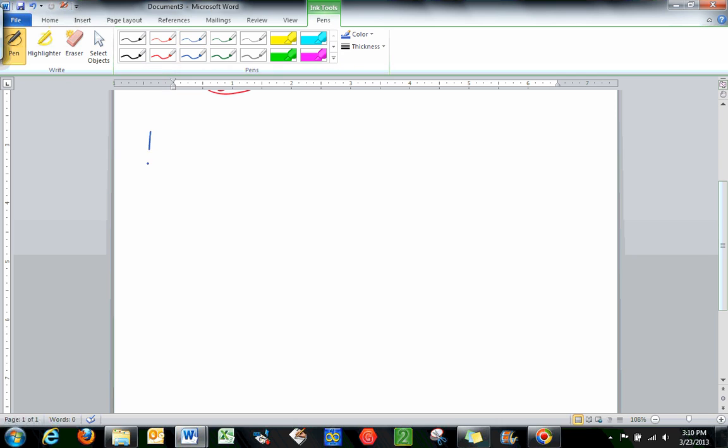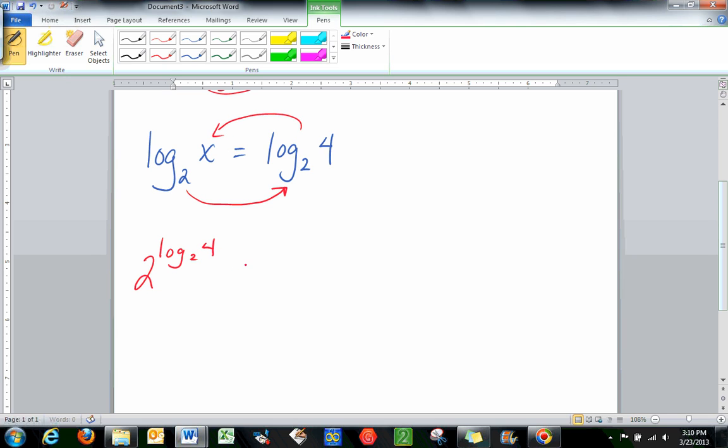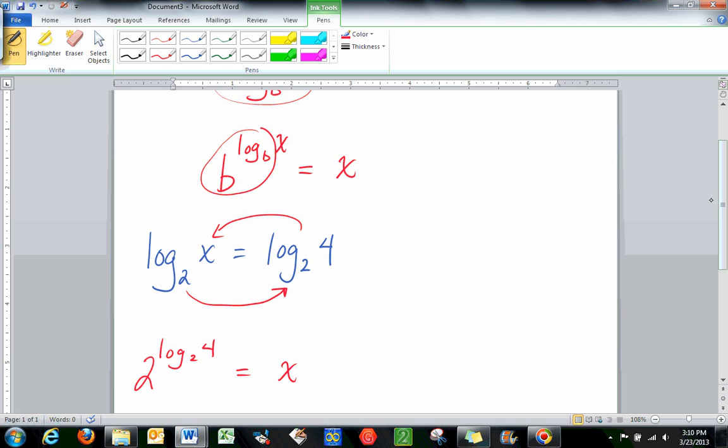Let's say, for instance, we have log base 2 of x equals log base 2 of 4. In previous lessons, we've taught you to rewrite logs as an exponent, and I know this would seem kind of silly to do at this point, but we could take this base of 2, raise it to the log base 2 of 4, and of course that's going to simply equal x.